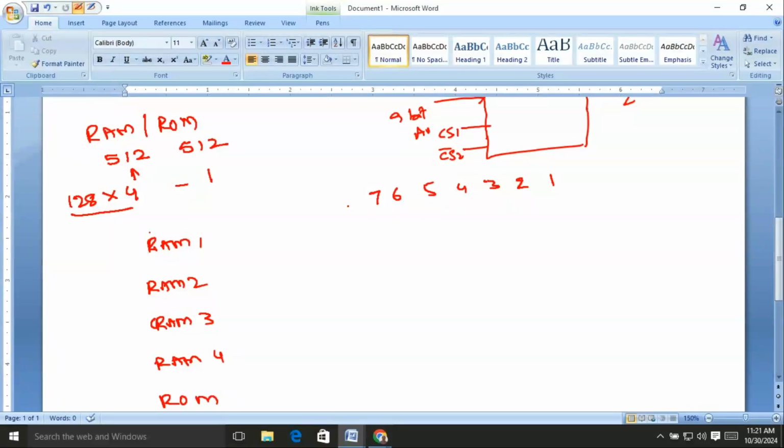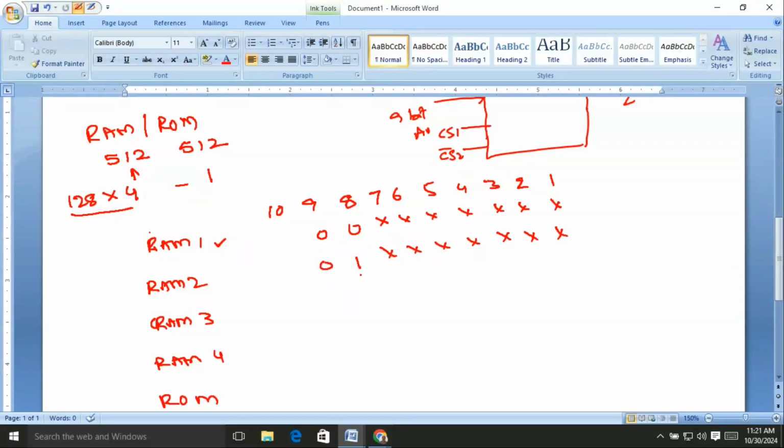For the ROM, 9 lines are required, and then the 10th line. Suppose the first 7 address bits are used to extract data from any RAM chip. Suppose this is 00, it represents the first chip of the RAM, and suppose this is 01, and these 7 lines are used to get data from any location in the RAM chip.